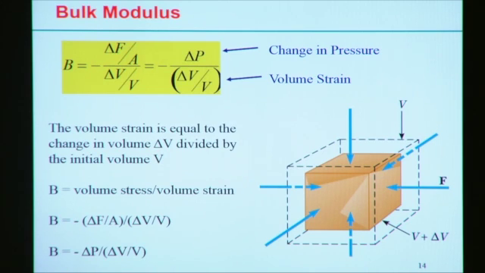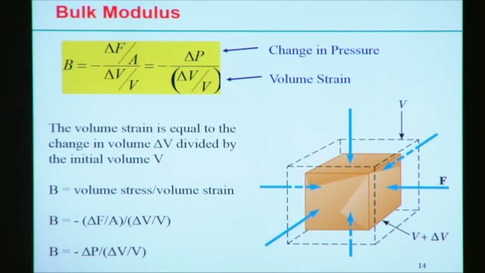Here the bulk modulus is defined by the ratio of the change of pressure and the volumetric strain. The difference from the other two moduli is that in the bulk modulus, we represent the stress and strain terms acting over the volume.